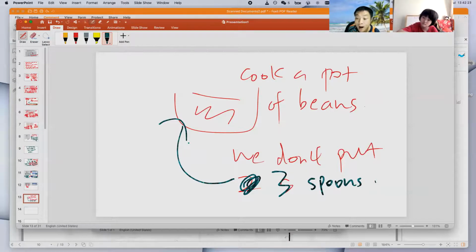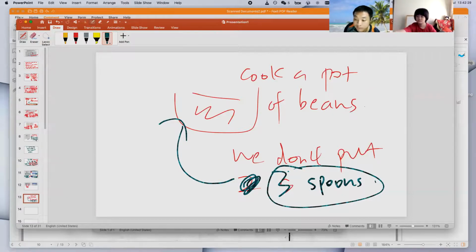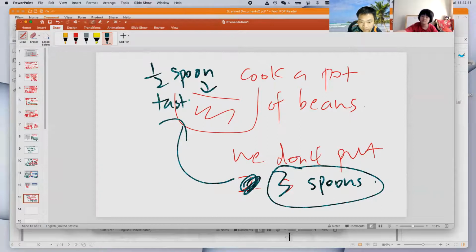Why? Because if we put 3 spoons, it can be too salty. So what we do is we test. Maybe you put half a spoon first, and then we taste. Then probably we put another half a spoon, then we taste. So we basically do trial and error, or we test. Same thing for this question.